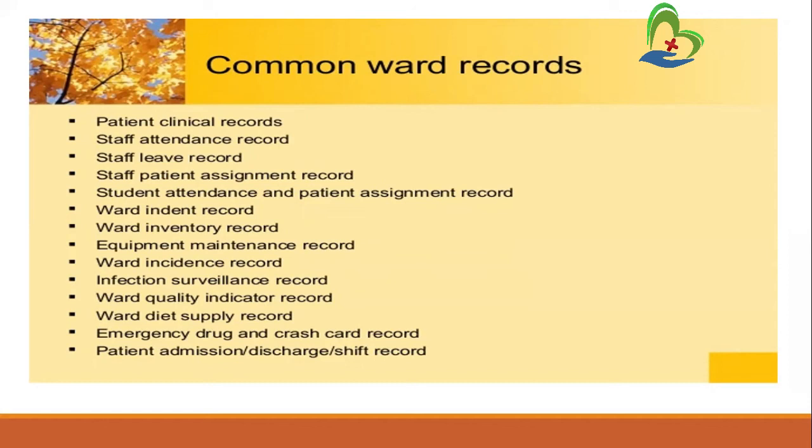Patient admission, discharge and shift record is maintained in every ward daily: how many patients are present today in the particular ward, how many admissions there are, discharges, or shifts from one ward to another ward.